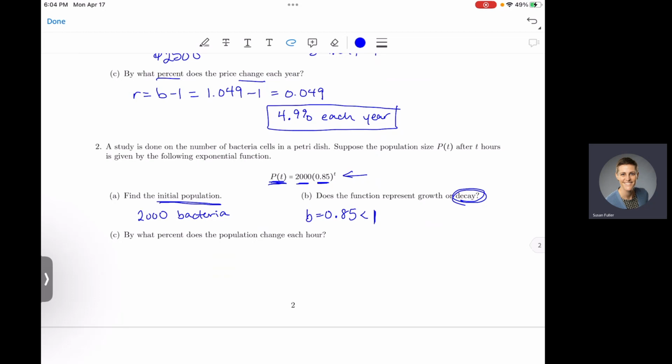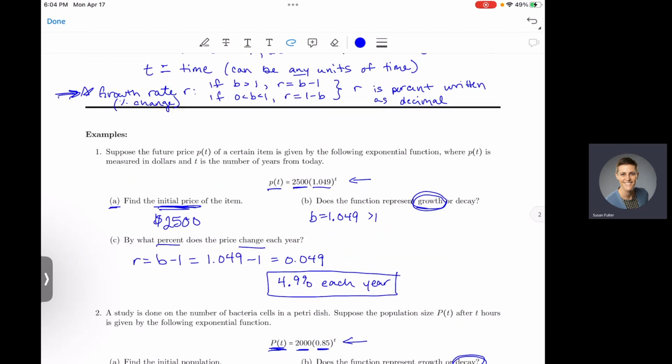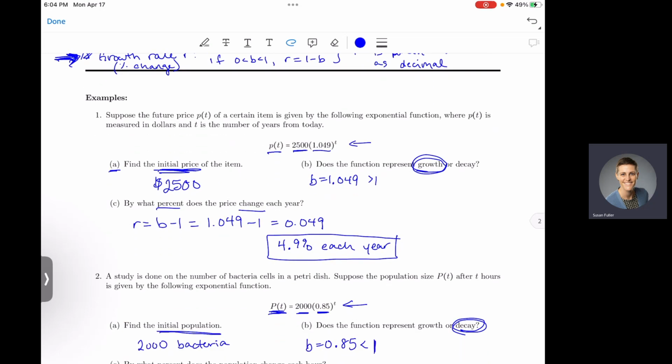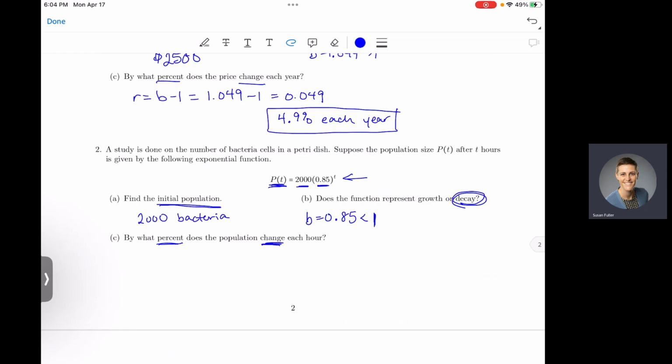And so we want to know, by what percent does the population change each hour? Because this is a percent change, I'm looking for R. And again, that growth rate R is basically how far our B value is away from 1. Since our B value is less than 1, I'm going to take 1 minus B to find R. So to find R, I'm going to do 1 minus 0.85, and I'm going to get 0.15 when I subtract that.